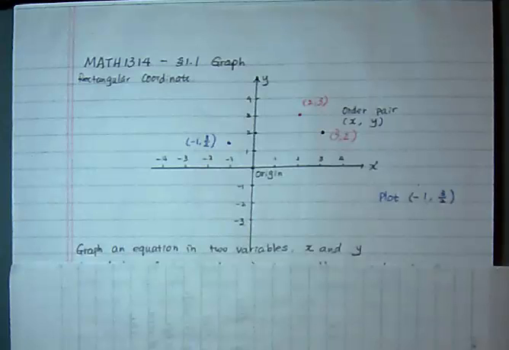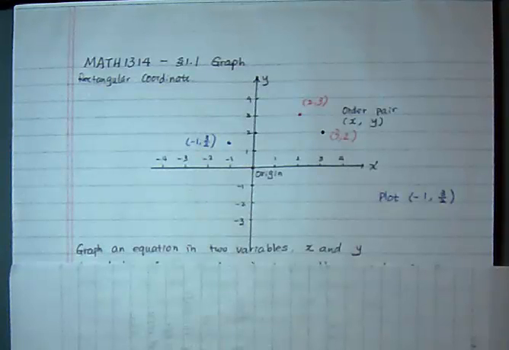In application problems, sometimes the horizontal or vertical axis might not be x or y, it might be other variables. That will be okay. When we graph an equation in two variables, basically you graph some of the points that satisfy the equation, because they are solutions of this equation, and then connect those points.